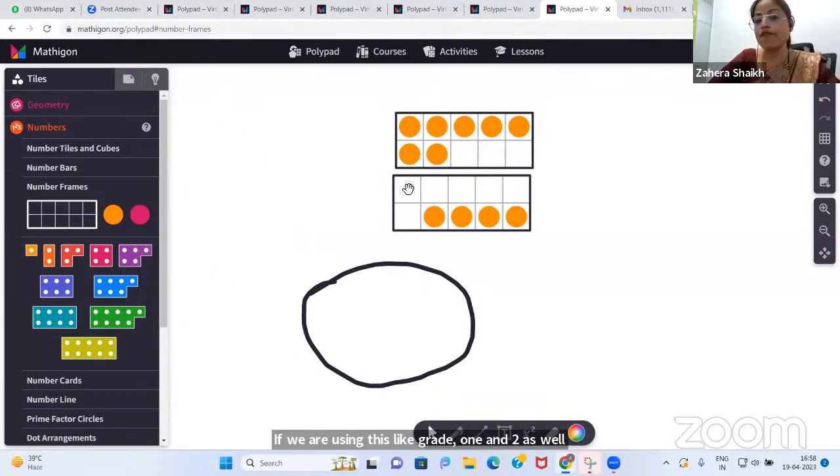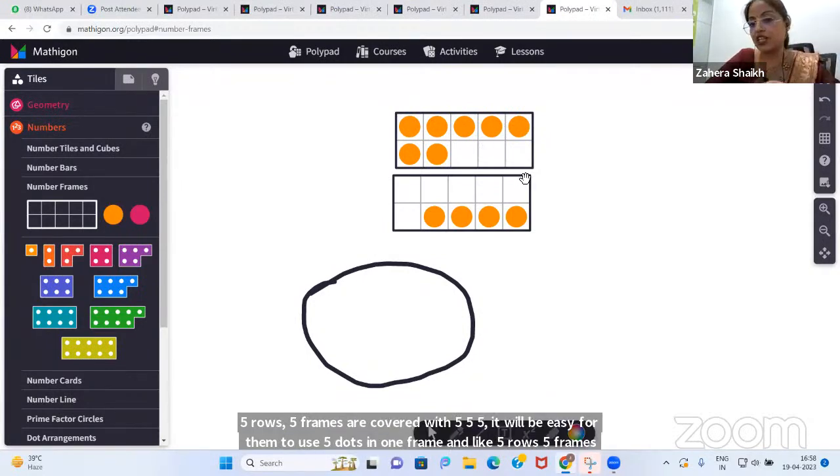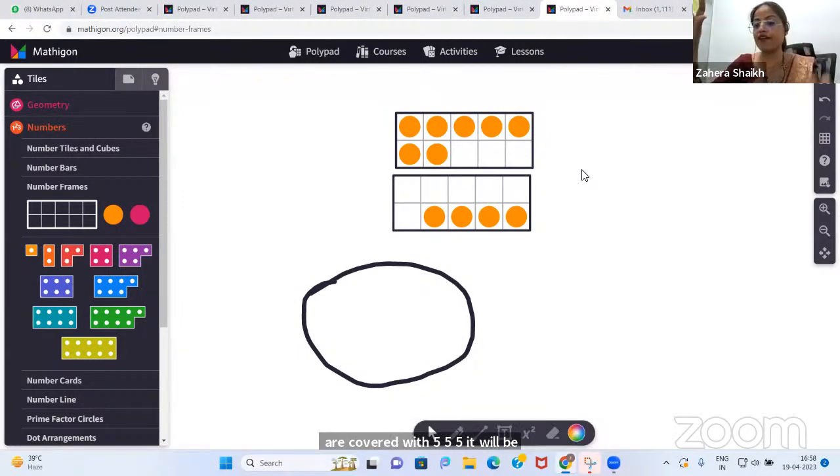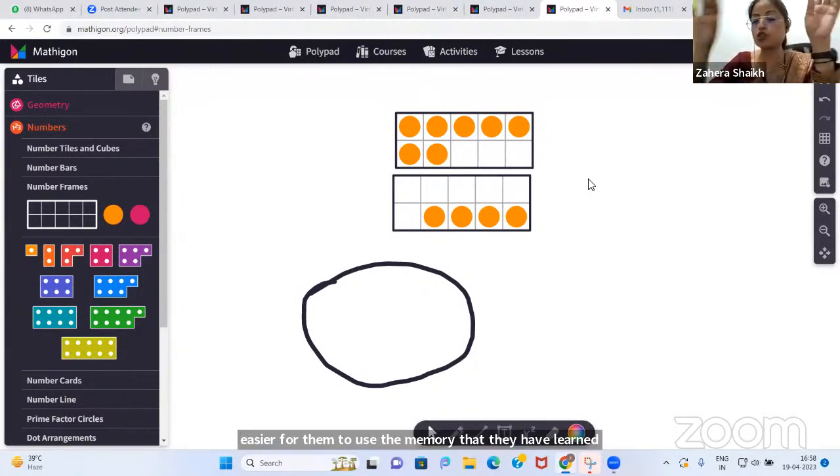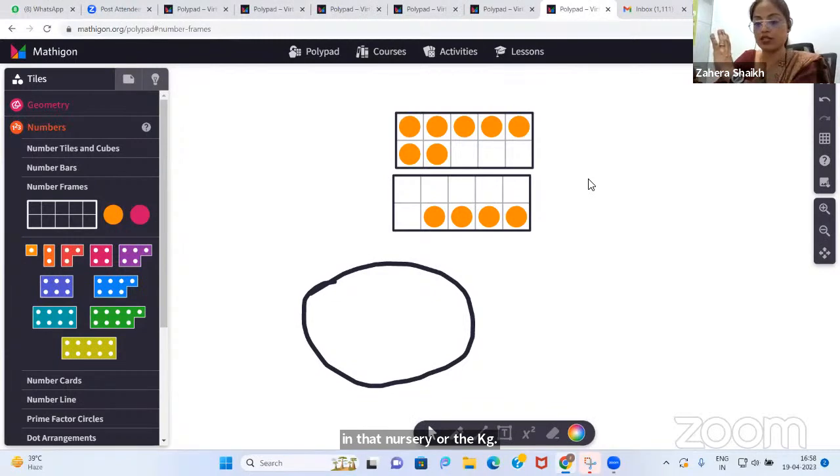So in that case, when we put more than 1 dot in one frame, suppose if I put 5 dots in one frame, and 5 frames are covered with 5, 5, 5, it will be easier for them to use the memory that they have learned in the nursery or the KG, that first row has 5, and if one frame has 5 dots, altogether 25 dots, right?